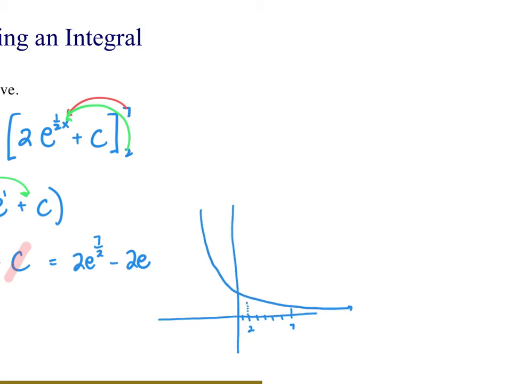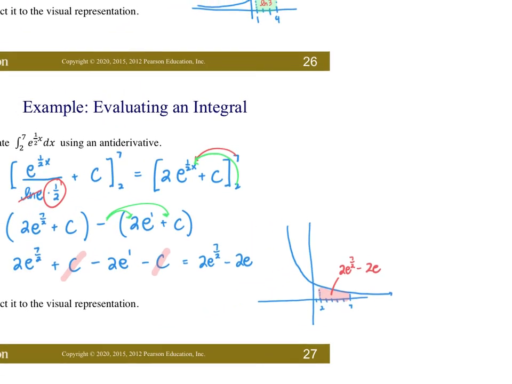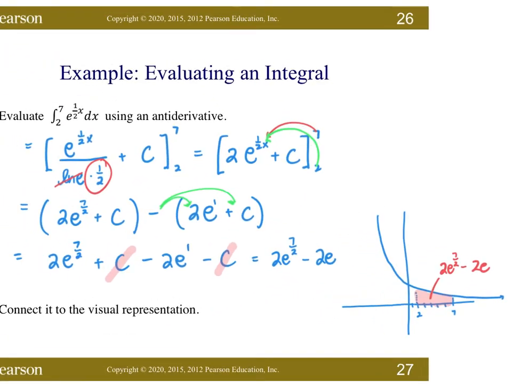And that area that's bounded in there would have a value of 2e to the 7/2 minus 2e. So just leave it like that. It doesn't have to be a perfect decimal. You can't subtract it. That would be the answer to that integral.